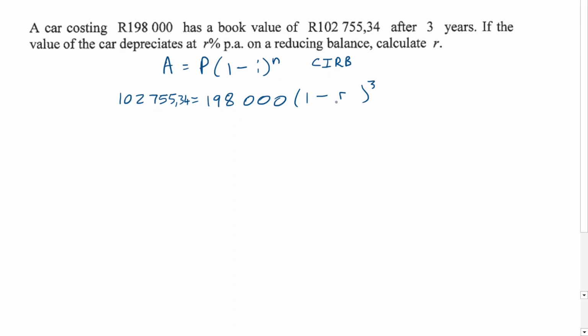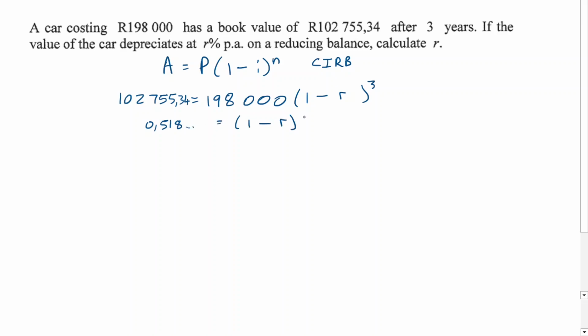And so what we're going to do is first we're going to divide by the 198,000. I find that that's often a useful way to start, and so you can do that on your calculator. I end up with an answer of 0.518, and I'm just keeping all my decimals.